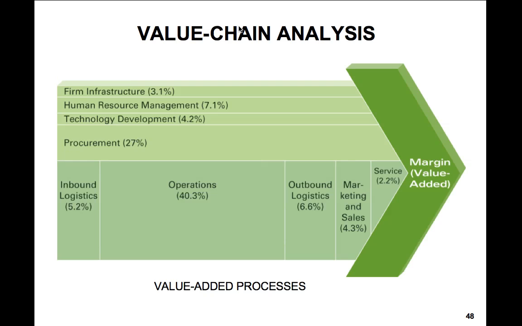And here's just some general percentages. Human resource management looks like a higher percent, 7.1%, over firm infrastructure, technology development, and procurement, 27% of your overall expenses. And then we have some on the bottom. We have operations, about 40%.